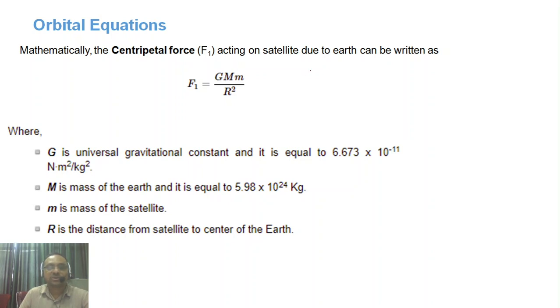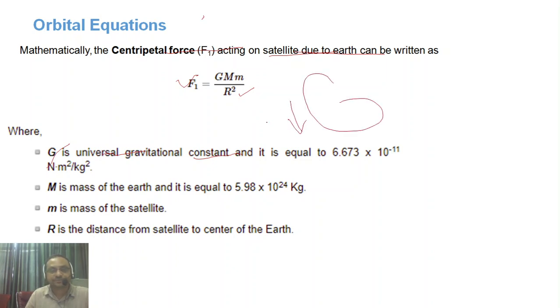Okay. So mathematically, the centripetal force F1 acting on the satellite due to the earth can be written as F1 is equal to G M m upon r square, where G is the universal gravitational constant and its value is 6.673 into 10 to the power minus 11.